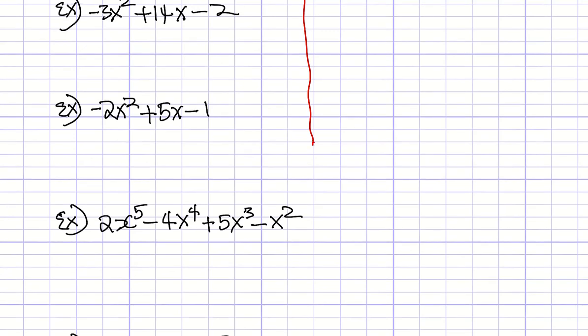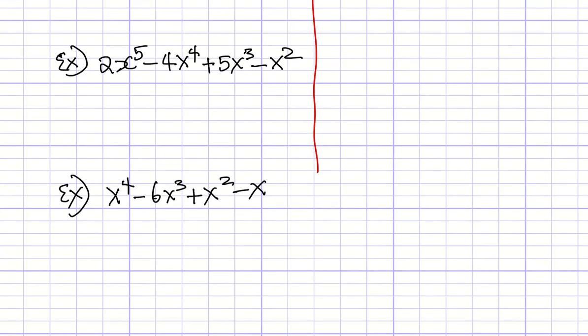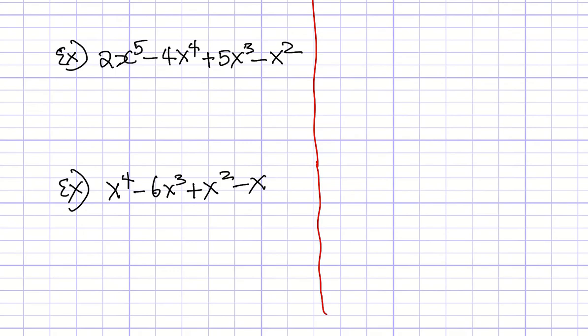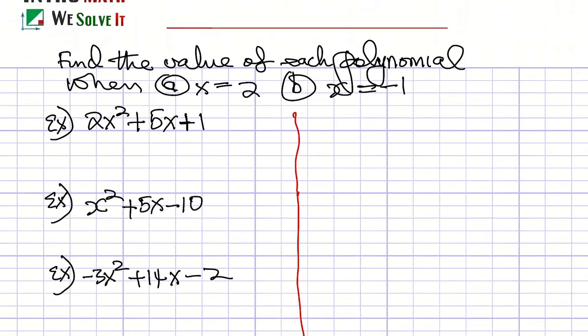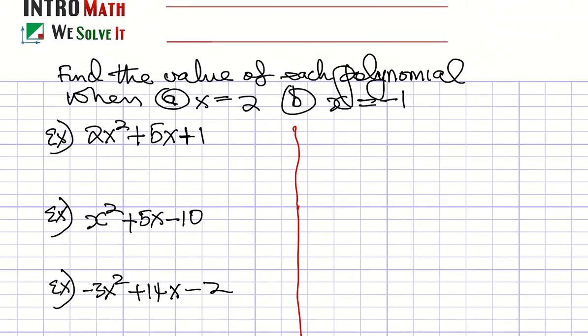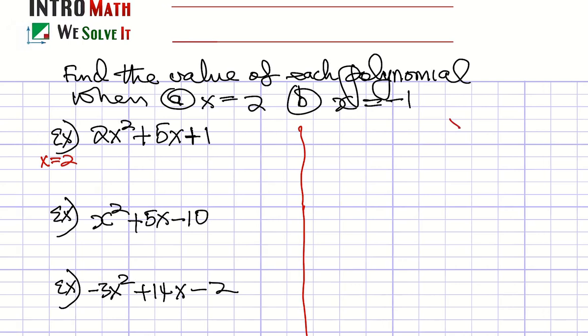That way I can do x equals 2 on this side and x equals -1 on this side. So for each, let me move that up. Just give me a minute. Okay, so we'll start with that one.